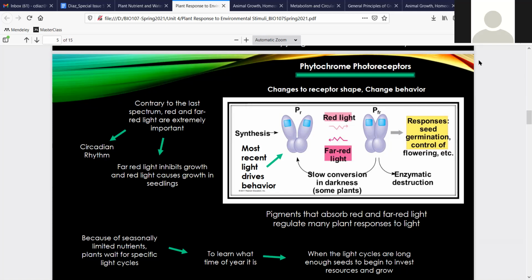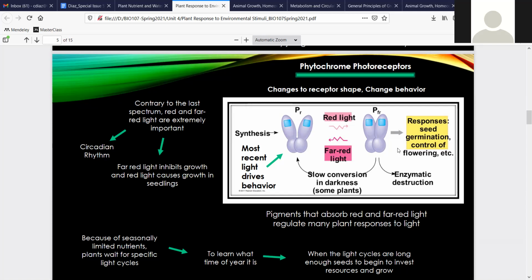And so that protein now can interact with a multitude of other things in its body. So for instance, this PFR protein may be important for germination. So what's happening in the cell is it has this PR protein, it gets hit with light, it turns to PFR, and now that PFR protein is interacting with the DNA of the plant.